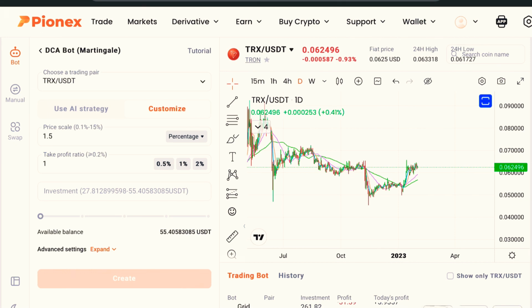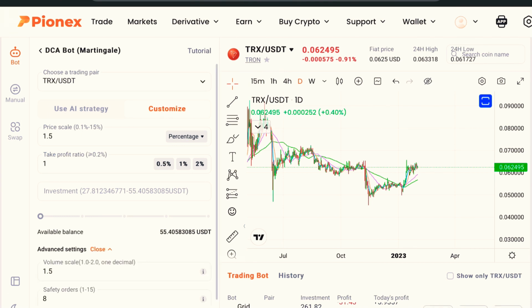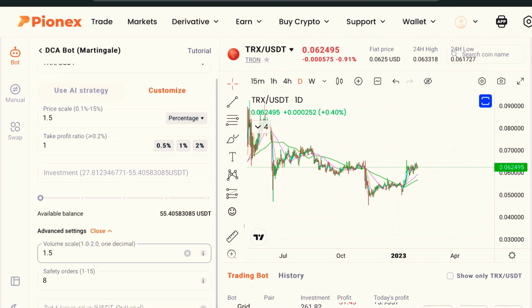So the take profit ratio is 1% in this standard, and the price scale is 1.5%. What it means is every time the price drops 1.5%, you will be instructing this DCA bot to buy another chunk of Tron as an order.